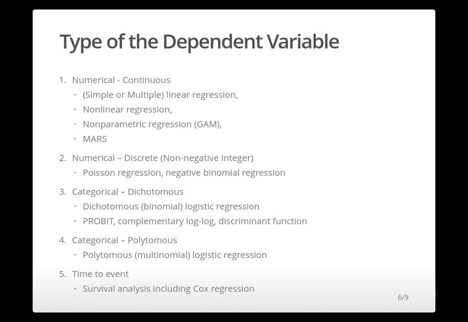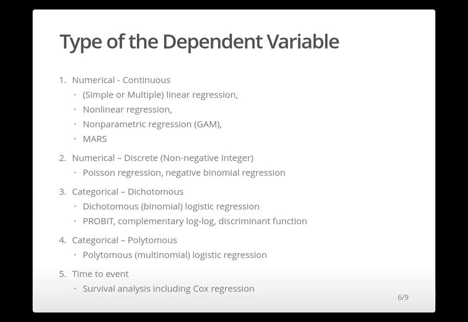Third, some variables are not numerical, but are composed of 2 or more categories. For example, a person may be diagnosed as having a cancer, or not. In this case, the variable has 2 categories, and thus called dichotomous. Fourth, some variables have 3 or more categories. For example, a person may have diabetes, or prediabetes, or neither of them.